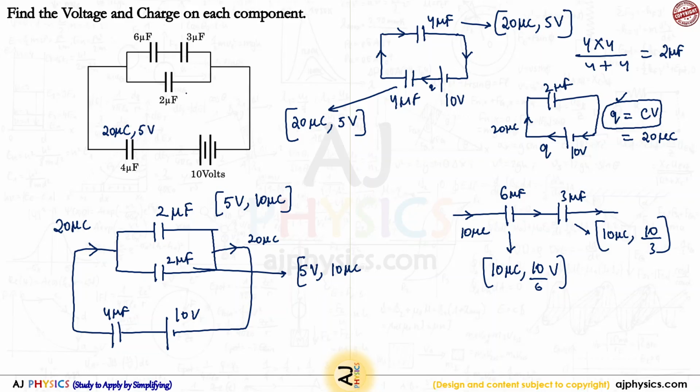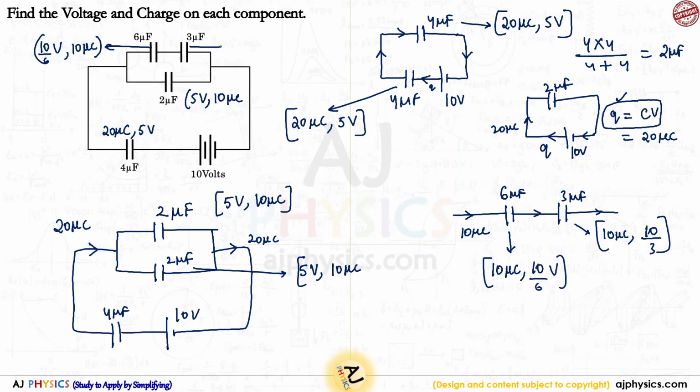If you pick the 2 microfarad, the voltage is 5 volts here, and the charge passing is 10 microcoulombs. If you pick the 6, then it would have a voltage of 10 by 6 volts, and the charge is 10 microcoulomb.